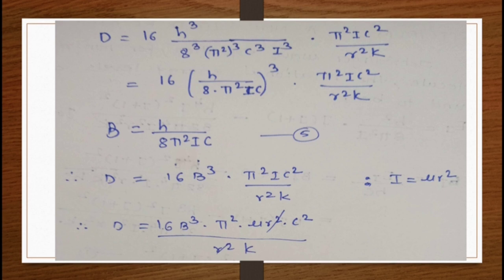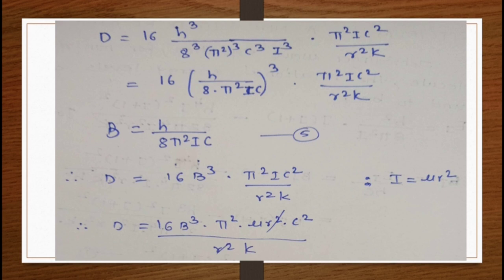Now we know the definition of the moment of inertia, which is equal to mu r square, where mu is the reduced mass and r is the bond length. So just write the value of the moment of inertia in this equation. We will get the equation like this: d is equal to 16 B cube into pi square into mu r square into c square divided by r square k.